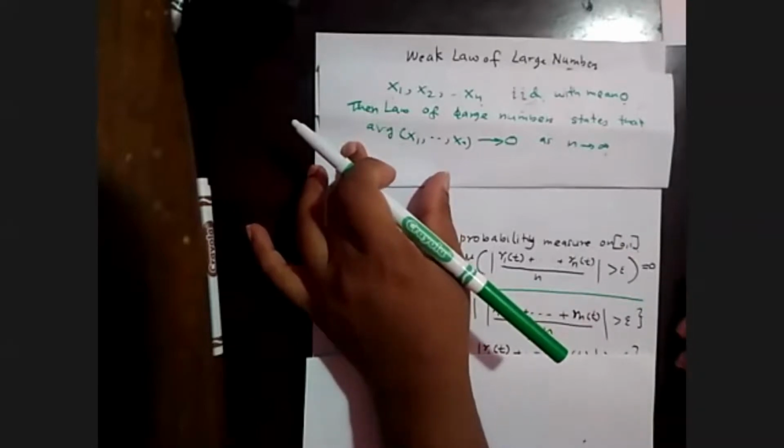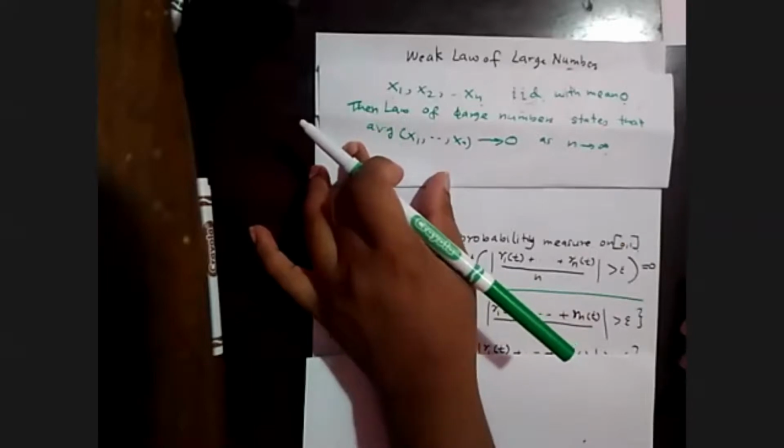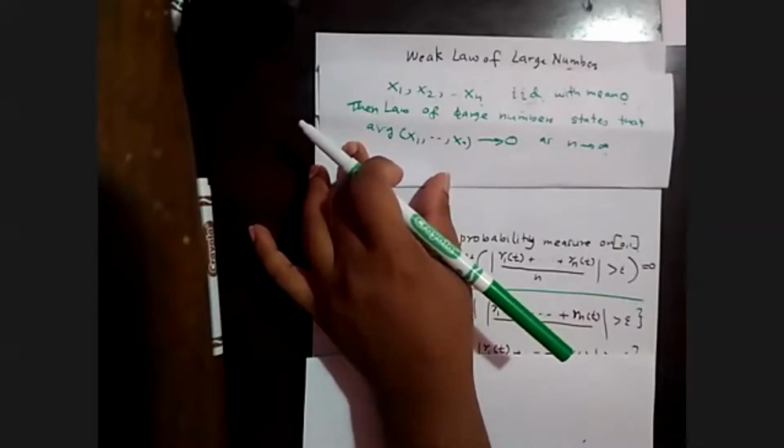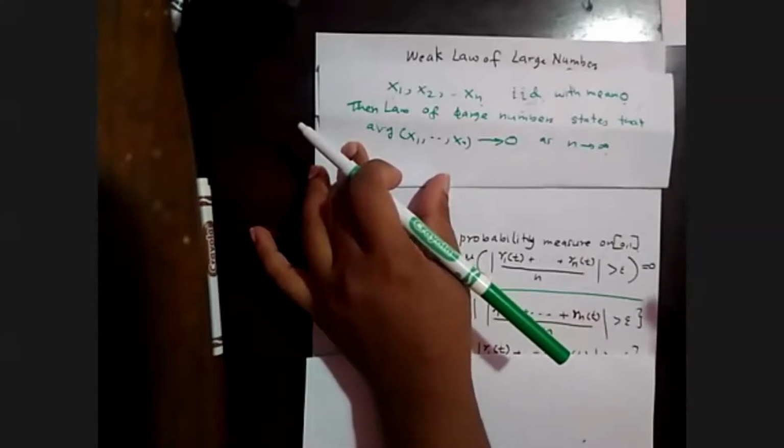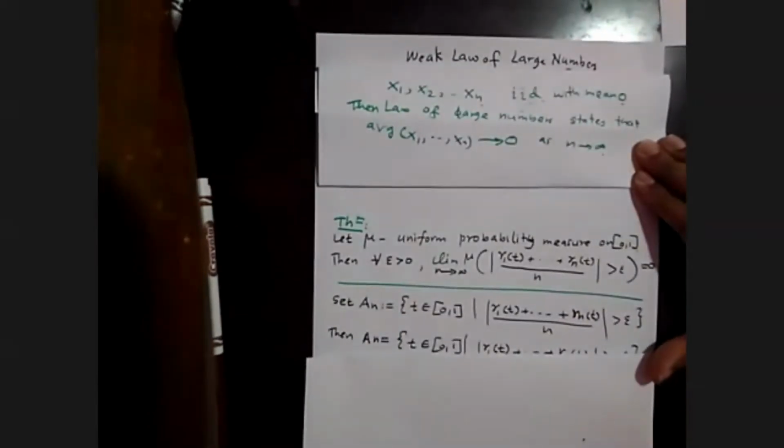In particular, we are interested in the weak law of large numbers. The weak stands for whenever the convergence is in measure, we say it's a weak convergence. So, we are particularly interested in the weak law of large numbers.